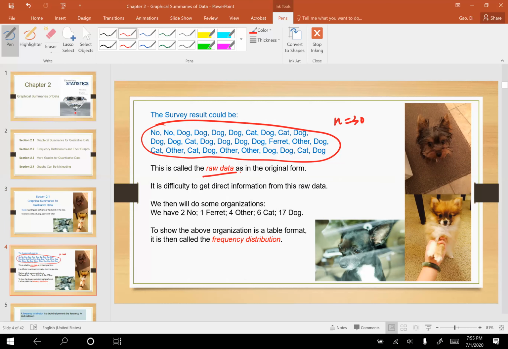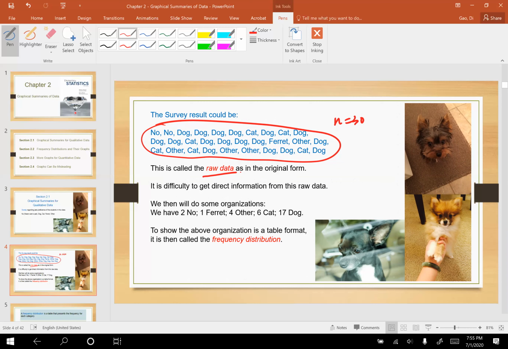If we look at this raw data set, just similar to the one that we had in the previous chapter, it's kind of hard to get information. So what we're going to do is try to organize it.